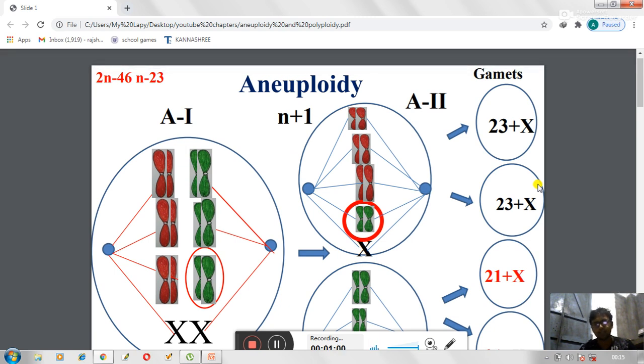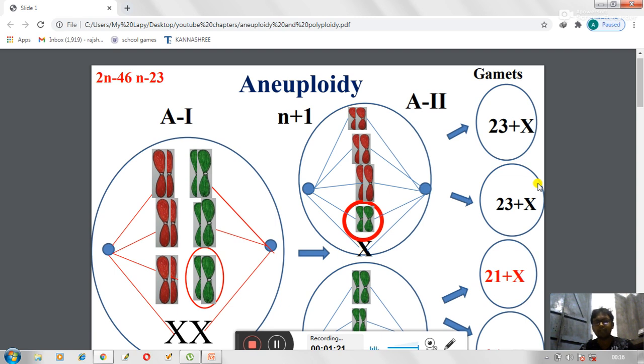As a result, after fusion, the new individuals develop with one or more increased chromosomes, or one or more fewer chromosomes.